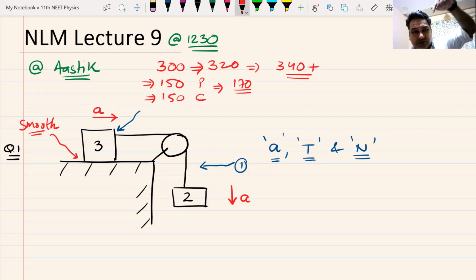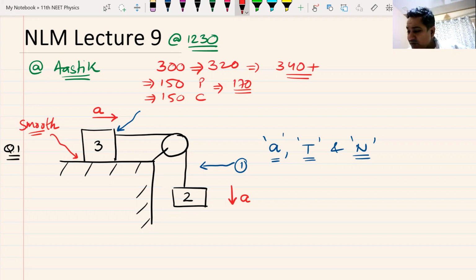If one block moves down with an acceleration A, the other block moves forward with the acceleration A. Am I clear with this point? Block 2 kg moves down with an acceleration A. Block 3 kg moves forward with an acceleration A.